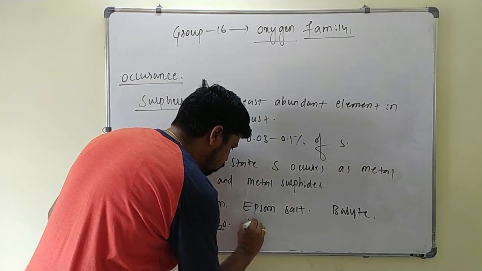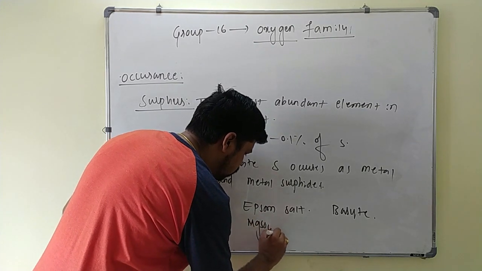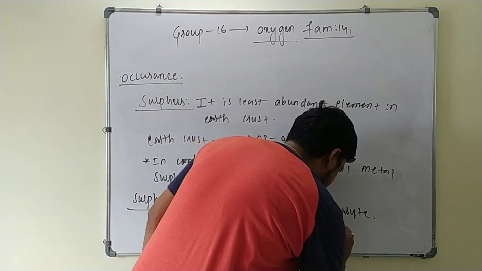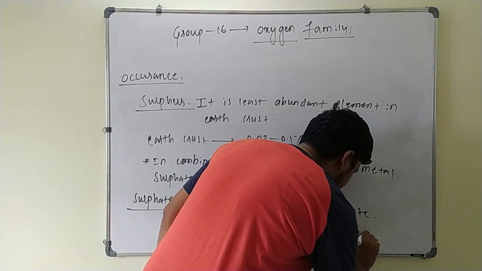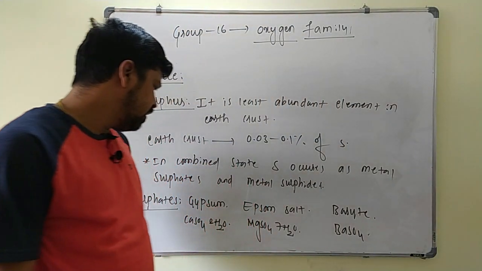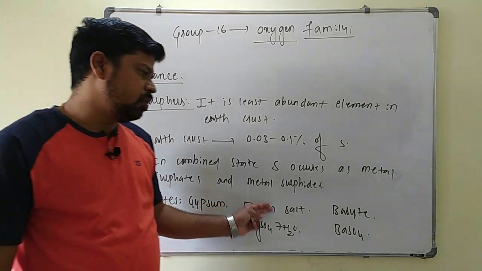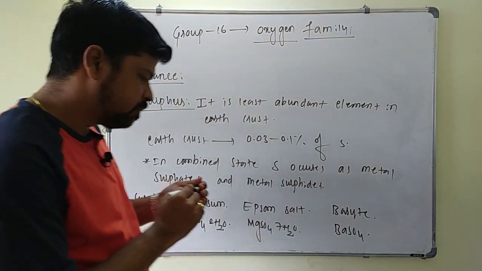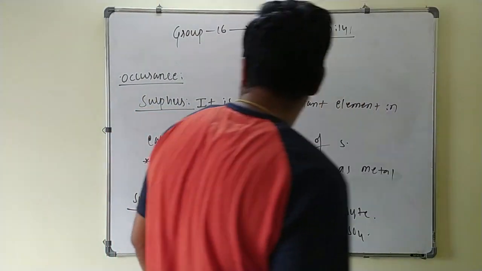Epsom salt is MgSO4 7H2O. Barite is simply barium sulfate. In the form of sulfate, it is available as gypsum, Epsom salt as well as barite. Now I will write sulphides of this sulfur.